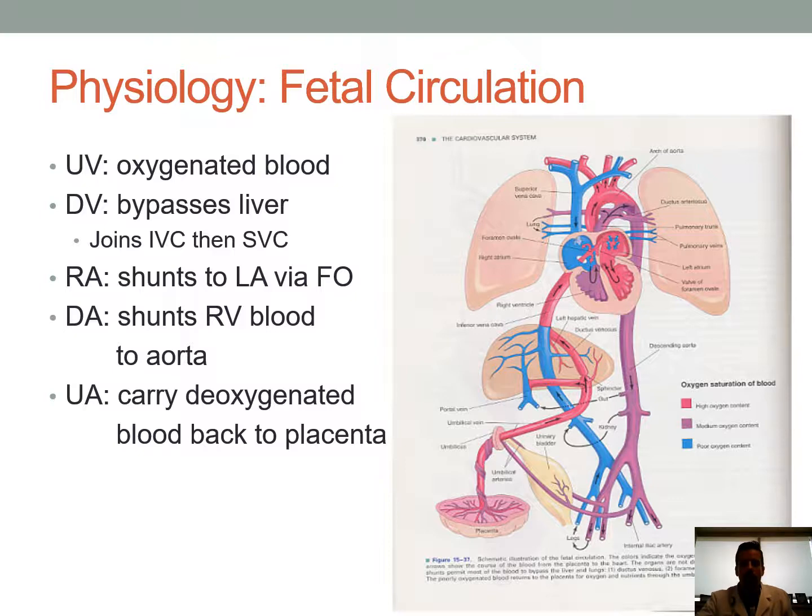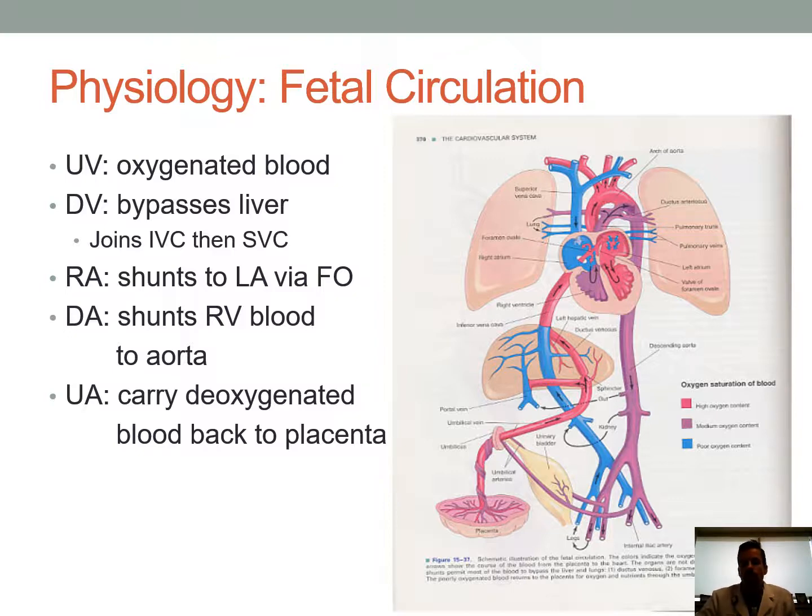The umbilical vein starts within the placenta. It drains oxygenated blood from the intervillous spaces of the placenta and carries it up to the liver, where most of it is then shunted through the ductus venosus into the inferior vena cava. From the inferior vena cava, oxygenated blood travels into the right atrium of the fetus, where most of it is preferentially shunted through the foramen ovale and into the left atrium.